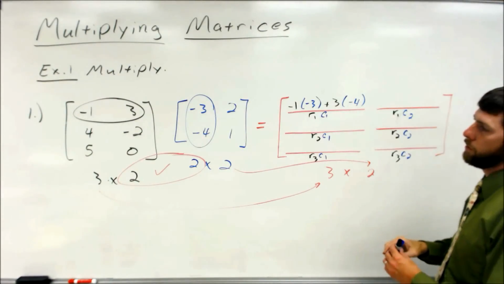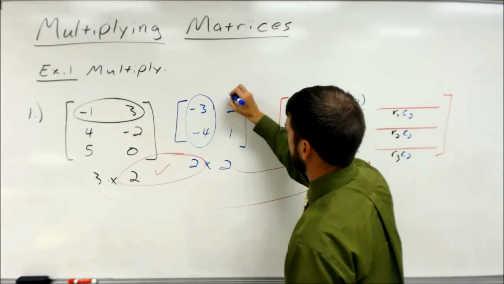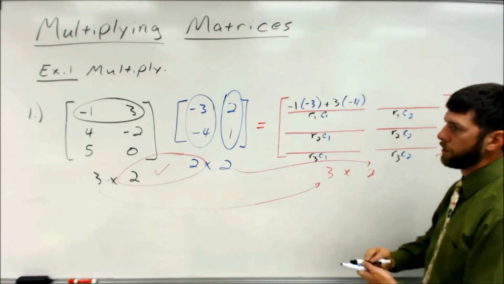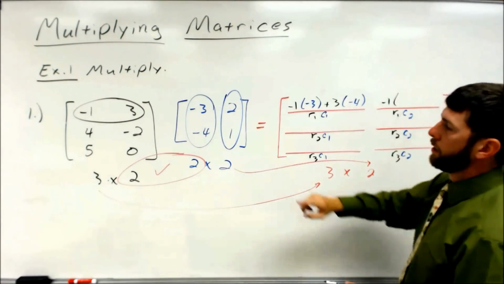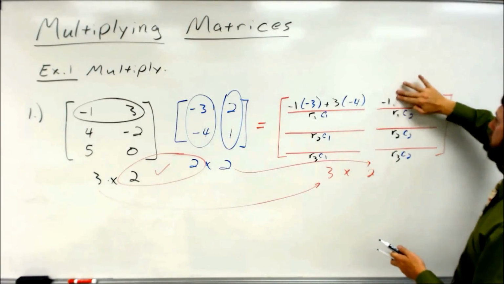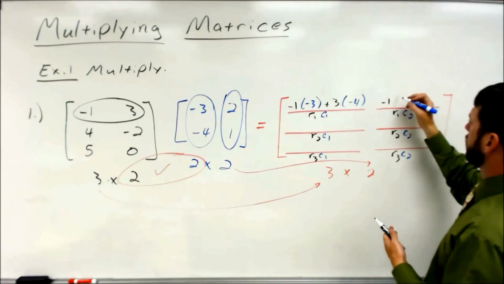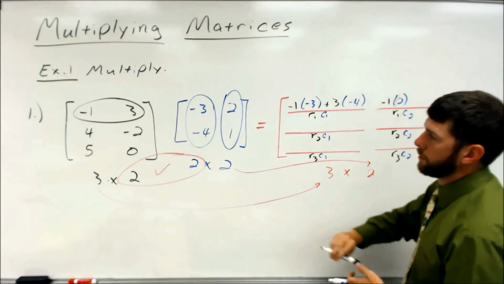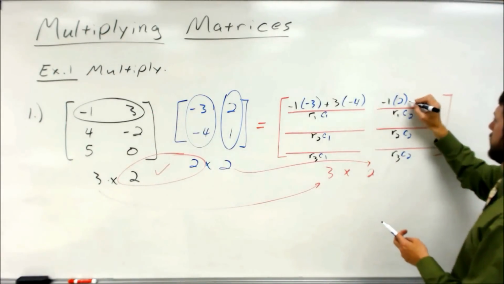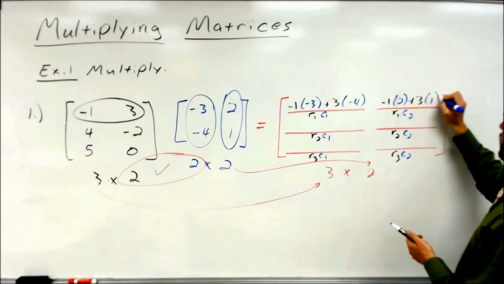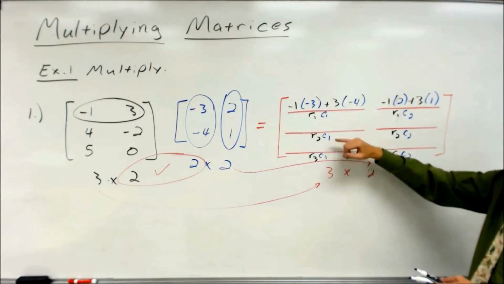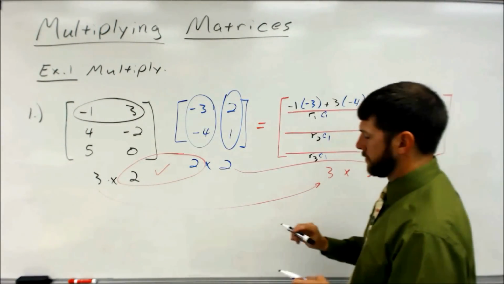Row 1, column 2. So -1 from row 1 times 2 from column 2, plus 3 from row 1 times 1 from column 2. Row 2, column 1.